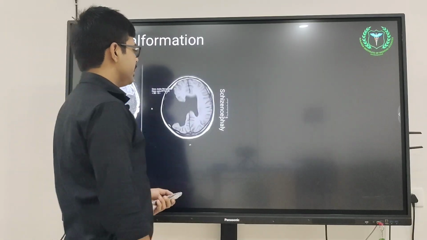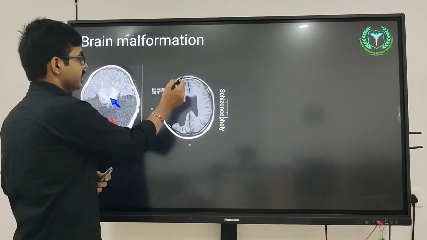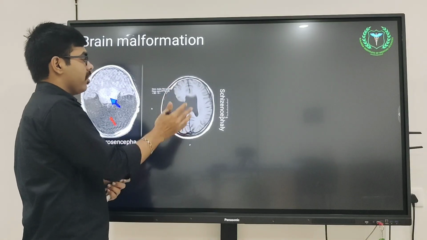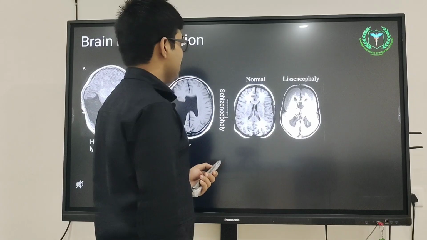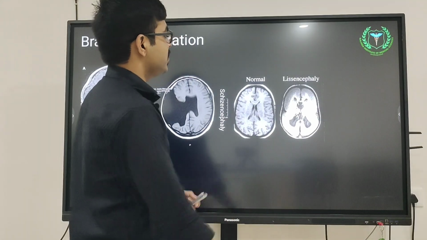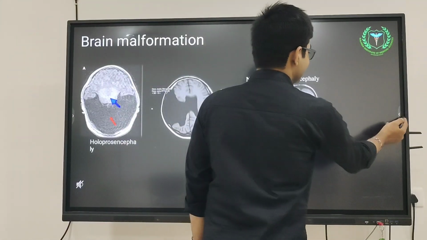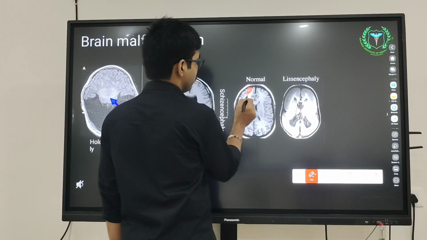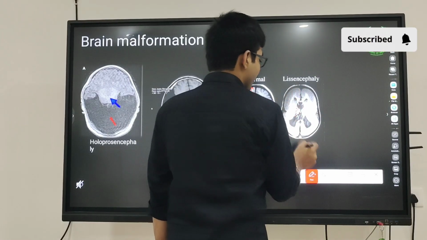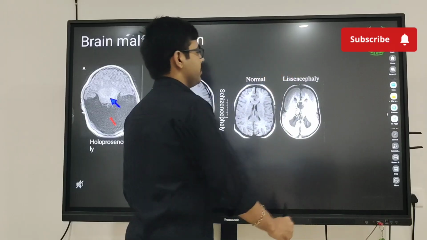Then there is schizencephaly, where a portion on one side will be absent. Next is lissencephaly. Lissencephaly means the sulcus and gyrus are absent. Sulcus and gyrus are the folds of the brain, so this fold of the brain will be absent in lissencephaly.